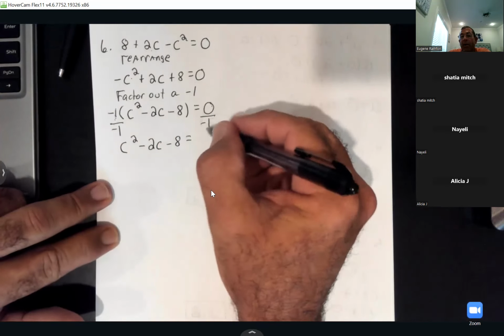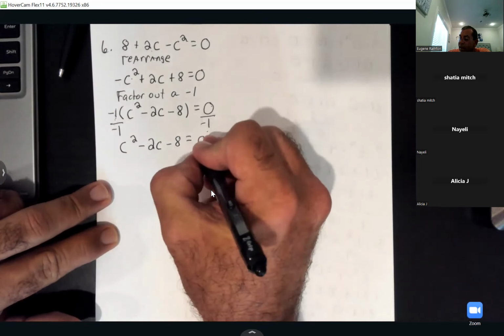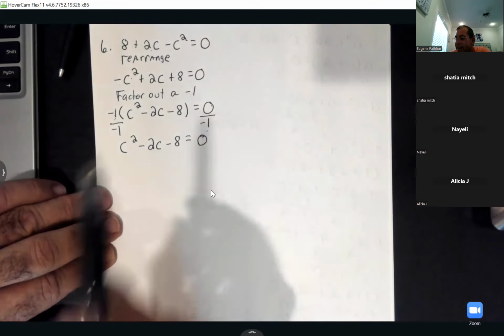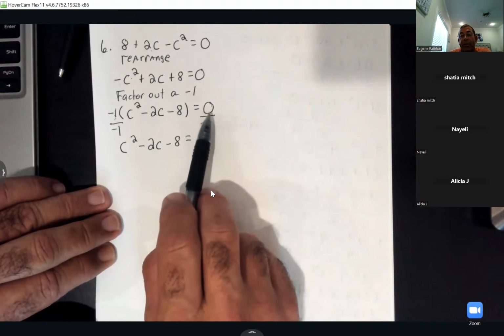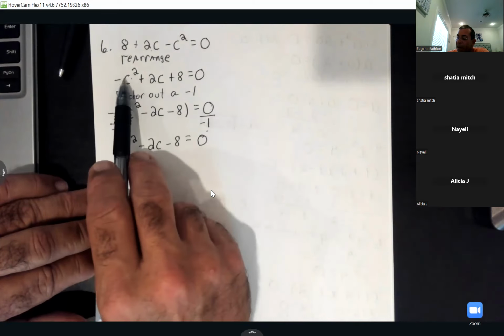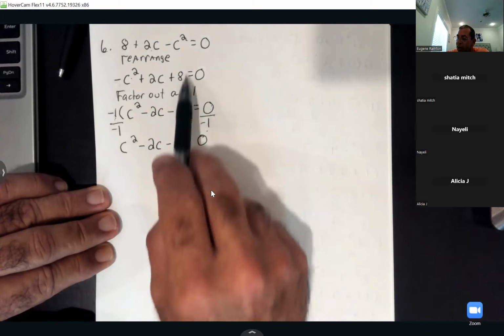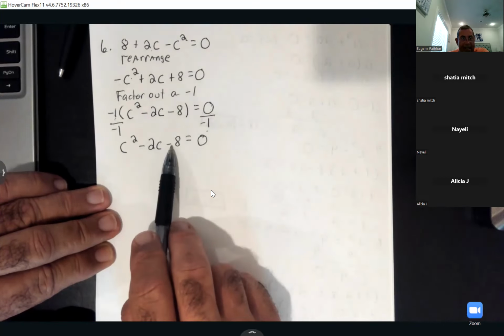And y'all look at that. 0 divided by -1 is still a 0. So basically, when you got an equation equal to 0, factoring out a negative, in the long run, all you're doing is changing all the signs, okay?